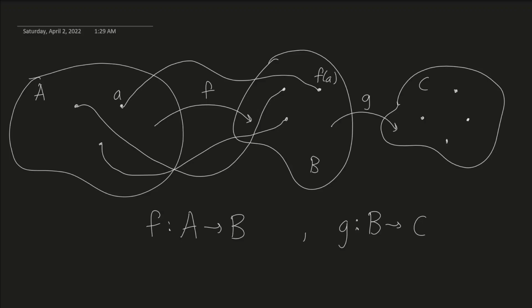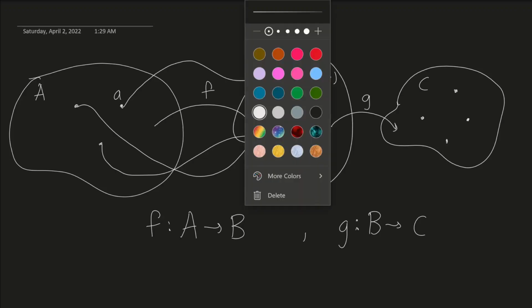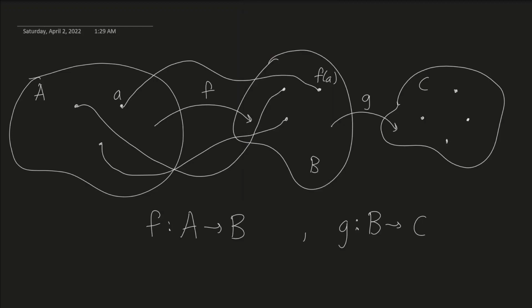And now we have a function g that maps elements of B into C. So I probably should have used different colors, but I'll just use a different color for this one now. So this will go here. This will go here. Okay, so these red lines I'm saying are the mapping through g.